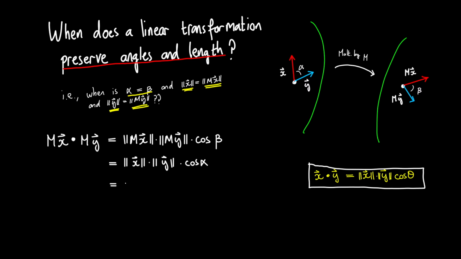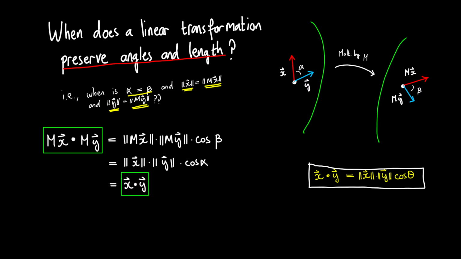And guess what? This is just the dot product of x with y. So here's the main point. The transformations we're interested in have this interesting property that they preserve the dot product, which is a much more specific mathematical thing we can look at here.